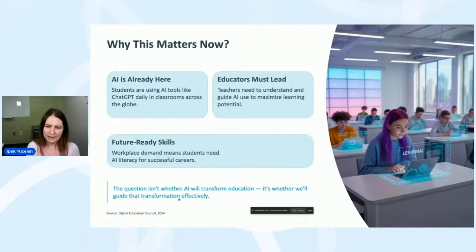So I think banning it or not letting students use it is not a very good option. We need to come up with other strategies. And as educators, we need to lead the way. We need to teach our students how to use AI more effectively so we can maximize learning, and how to use AI ethically. Where are the limits?